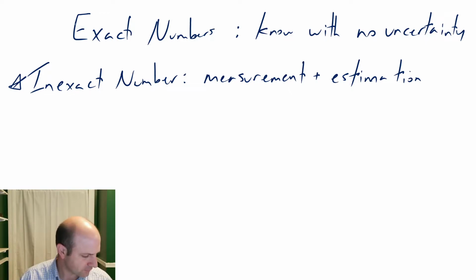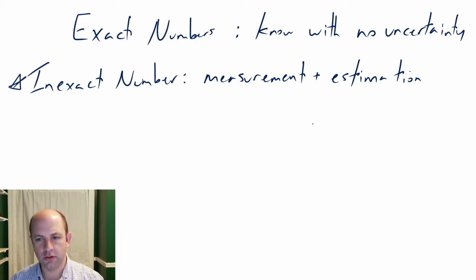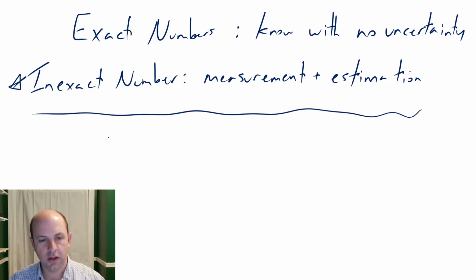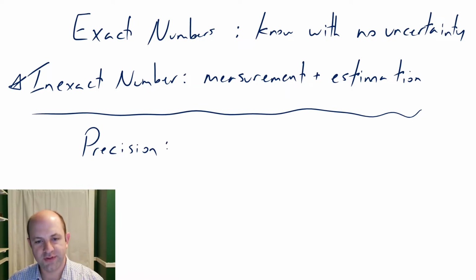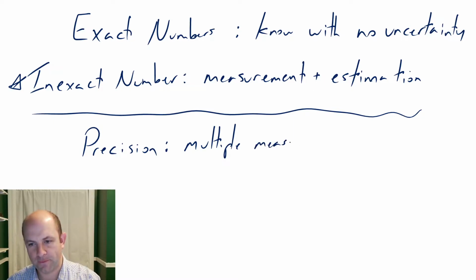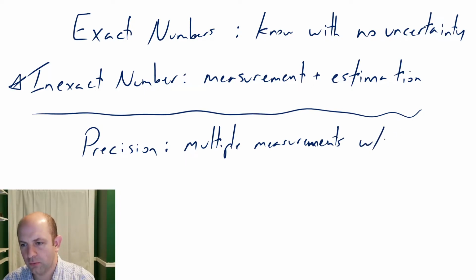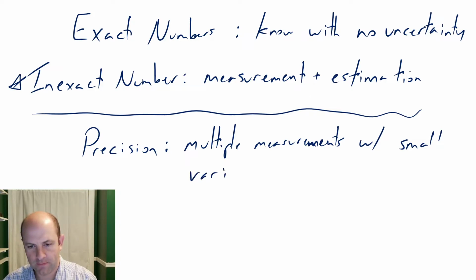All right. We talk about precision and accuracy. Precision is when we have multiple measurements with small variation between them.